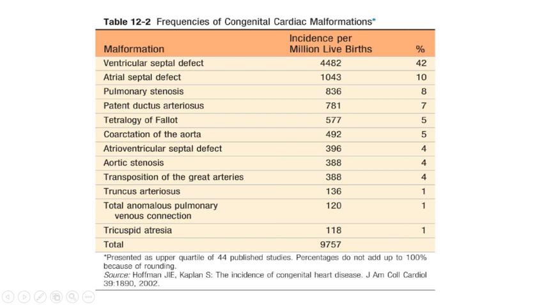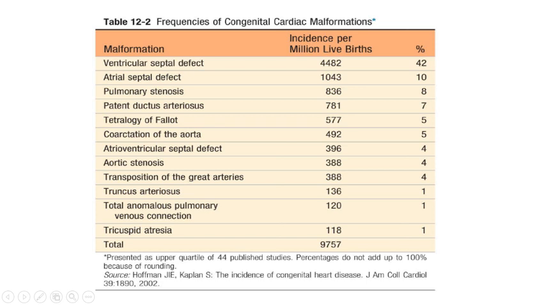Second most common is atrial septal defect with 10%, which is a left to right shunt. Pulmonary stenosis is 8%, which is an outflow obstruction. Patent ductus arteriosus is 7%.